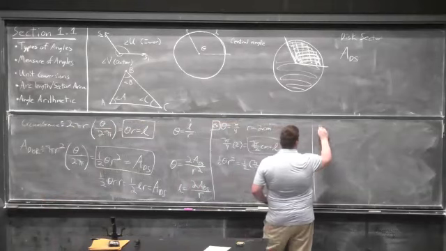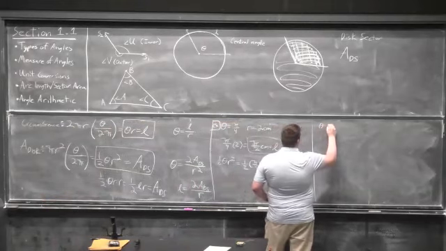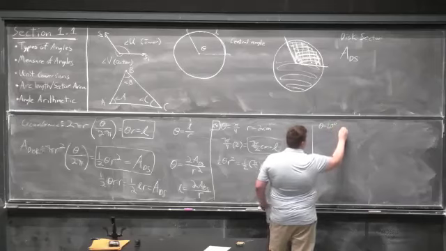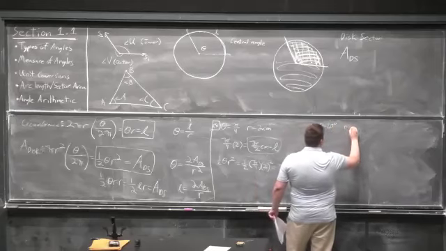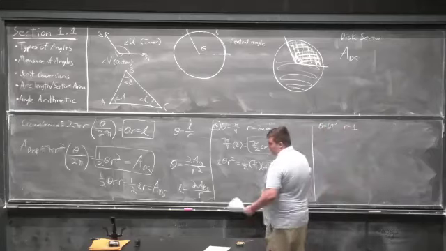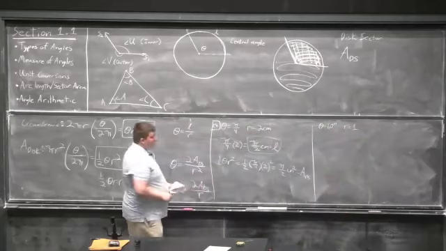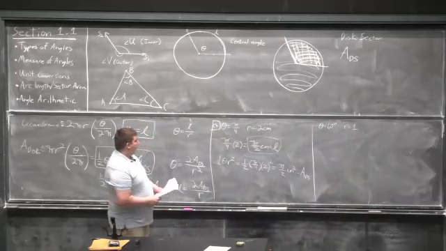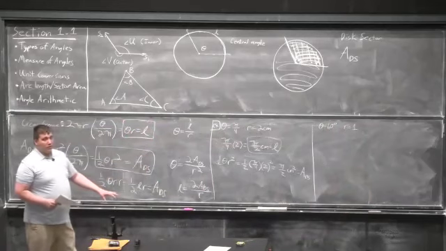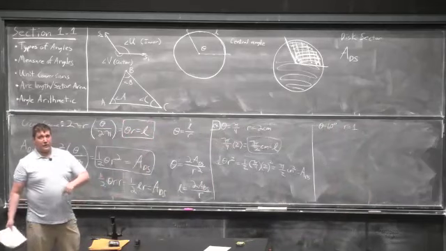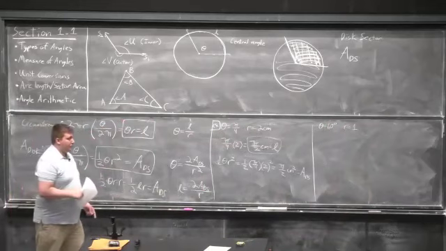What if I have my theta equaling 60 degrees, and my r is equal to 1, and I'm going to leave off units. Well, these formulas work with radians, so we're going to have to transition into radians.